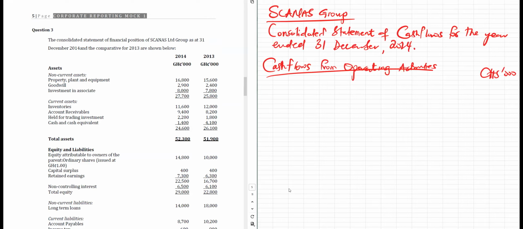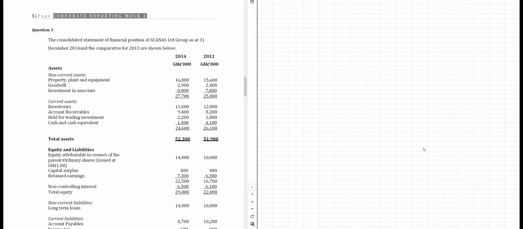Okay. Then I'll use one whole page in the exam, right? Then somewhere there, down here, I'll say cash flow from operating activities. So the next page, cash flow from investing activities.